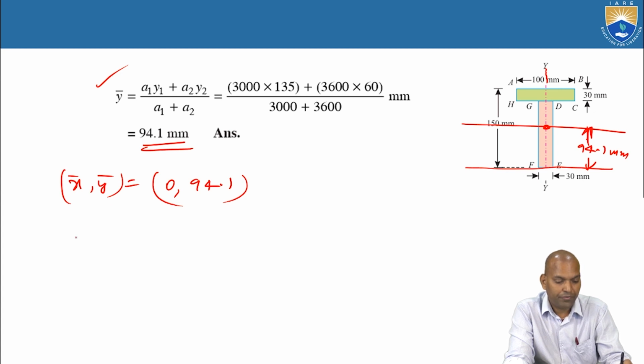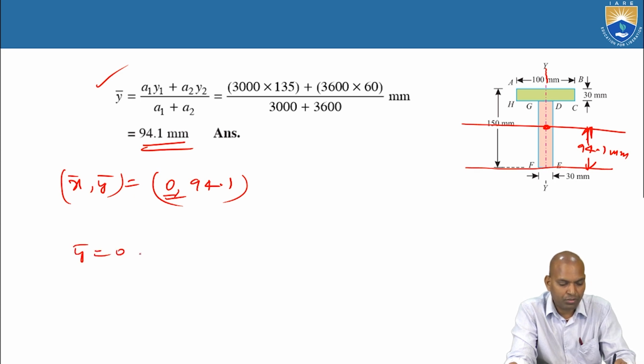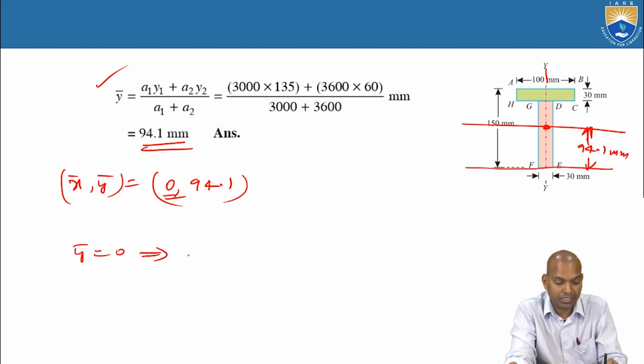So here we can understand, if the section is symmetrical about the horizontal axis, then bar y equal to 0. Here by looking at the coordinates we can understand, if bar x equal to 0 it means symmetrical about the vertical axis, and bar y equal to 0 means the section is symmetrical about the horizontal axis, since there is no vertical distance.